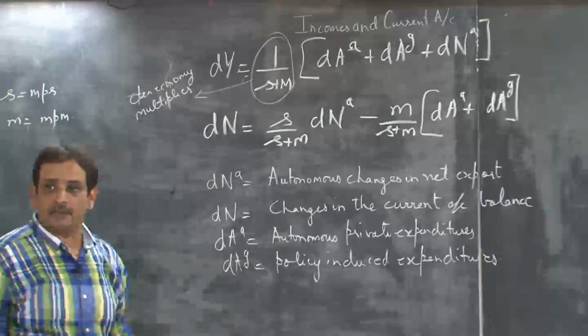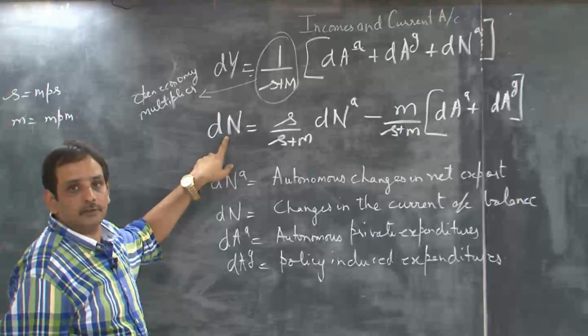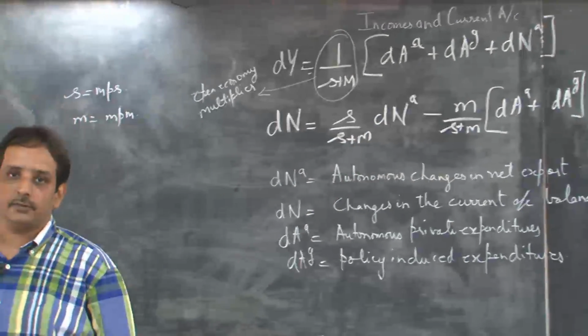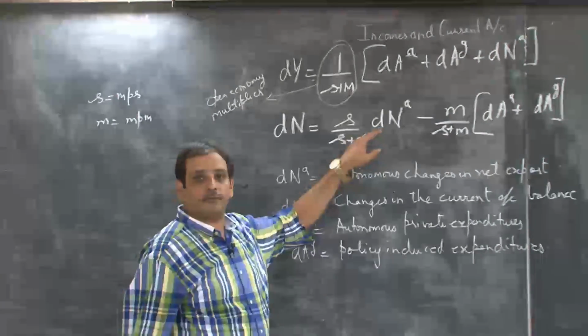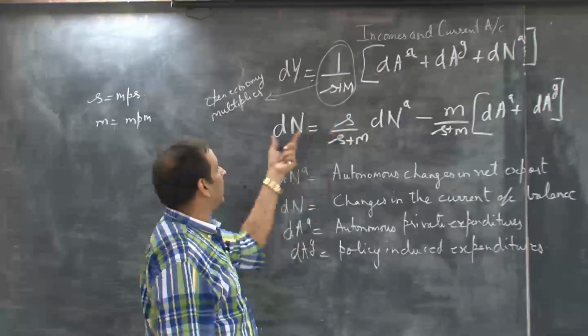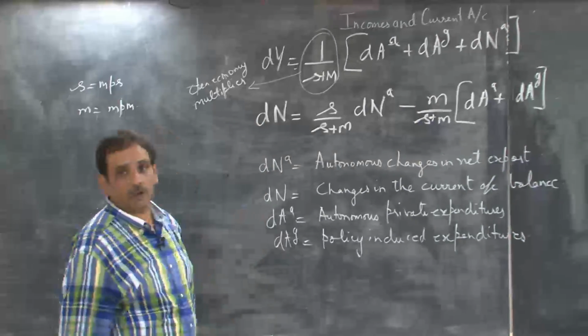As the incomes rise, the imports go up, so there is a deterioration in the current account balance. But if there is a switch in expenditures in favor of, say, the domestic goods, from foreign to domestic goods, DNA goes up and it leads to an improvement in the current account balance.